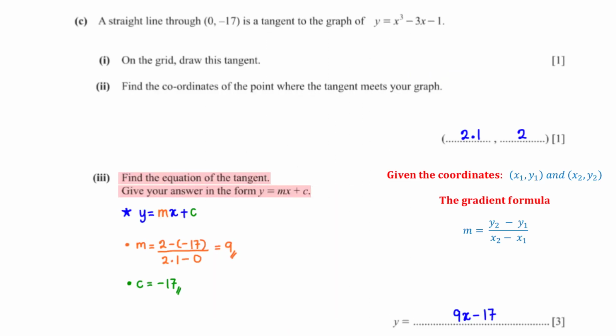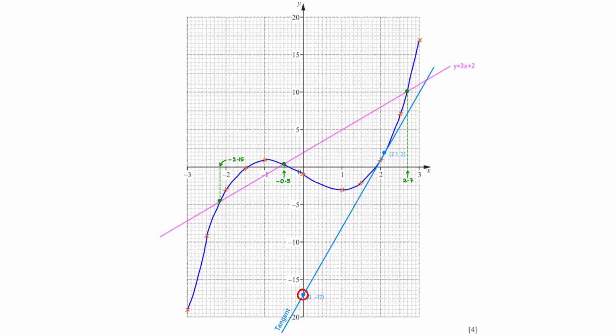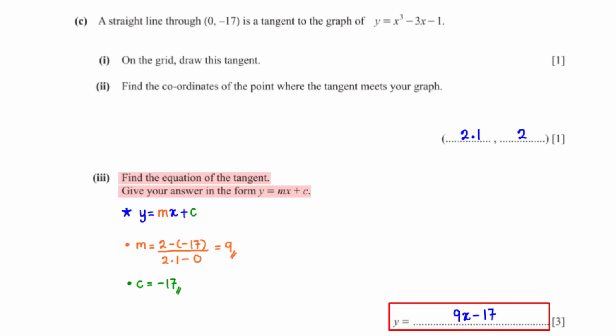By applying the gradient formula, we have m equals 2 minus -17 divided by 2.1 minus 0, which is equal to 9. The value of c is simply the y-coordinate of the point on the y-axis through which the tangent passes, and that is -17. So we have y equals 9x minus 17.